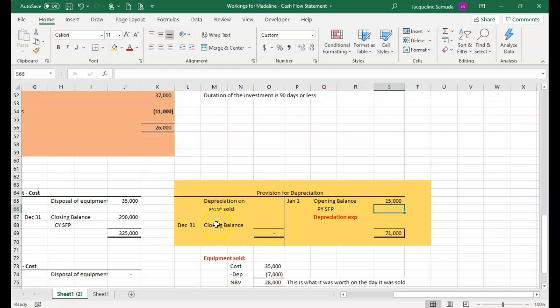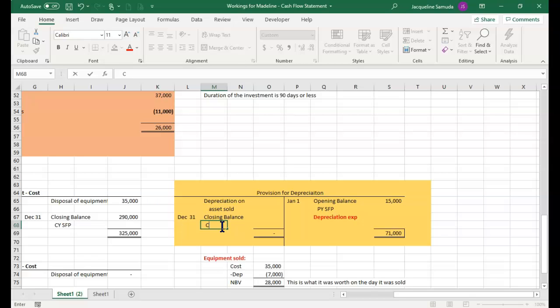At the end of the year, we're using the current year statement of financial position, and that figure for depreciation was $35,000.